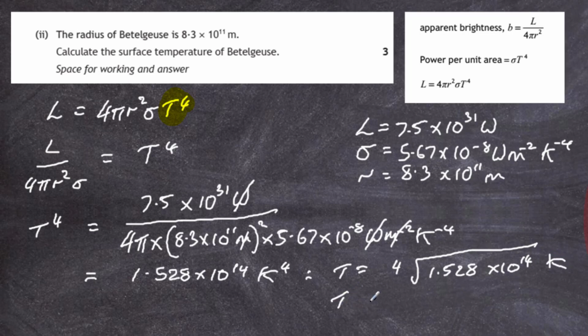So taking the fourth root of that on our calculator is going to give us 3515 Kelvin. So we've found the surface temperature of Betelgeuse. We can put that into two significant figures. We can write that as 3500 to two significant figures. And that's how you find the surface temperature of Betelgeuse.